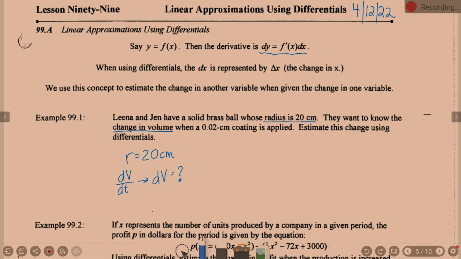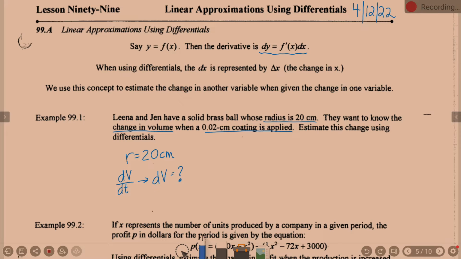When a 200 centimeter coating is applied, what is that 200? Would that be dr? What is it changing? Yeah, change rate.